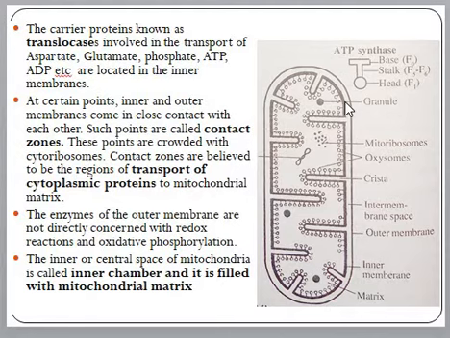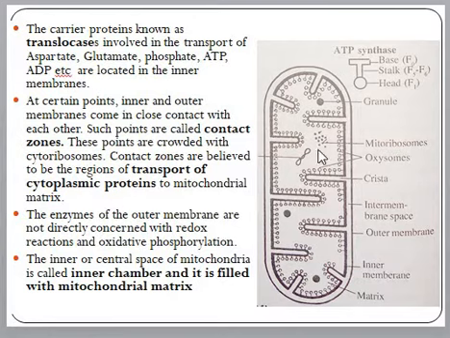Many times, proteins need to be transferred from cytoplasm to mitochondria, and it is carried out through these contact zones. The inner membrane enzymes are concerned with redox reactions and oxidative phosphorylation, whereas the enzymes in the outer membrane are not concerned with redox reactions or oxidative phosphorylation.